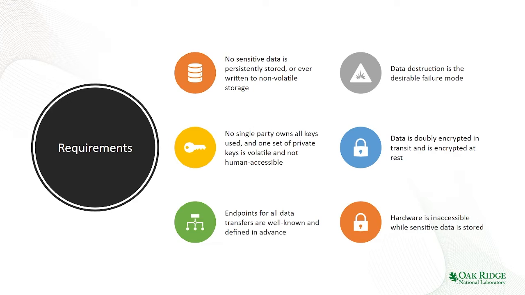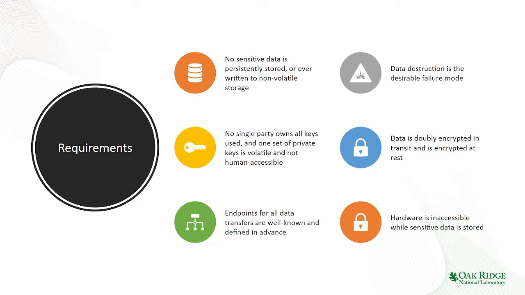Data will be doubly encrypted in transit and encrypted at rest. So if you remember last time we talked about data in transit and data at rest, when data is sitting in the memory drive of the machine, it's encrypted. When it's in transit to public health institutions, it does so over a doubly encrypted channel.